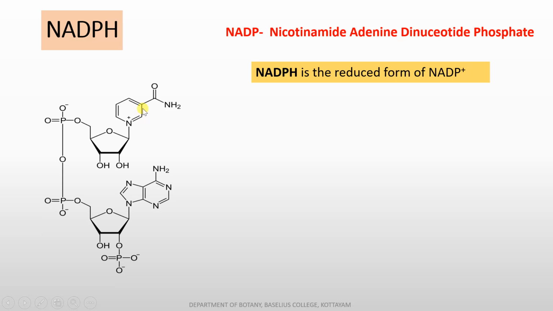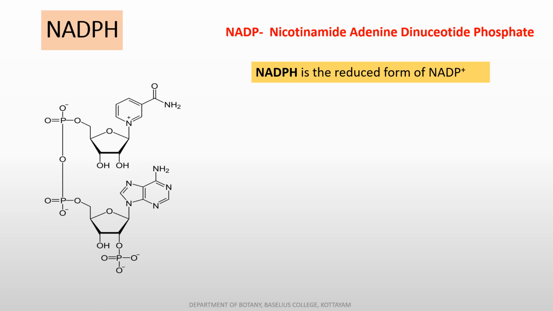Both adenine and nicotinamide are attached to a pentose sugar, here to the first carbon of the pentose sugar, that is ribose, and a phosphate group is attached here, and these phosphate groups are interconnected. So this is the structure of the dinucleotide portion, and this is almost similar to NAD also, because nicotinamide adenine dinucleotide, that is NAD.